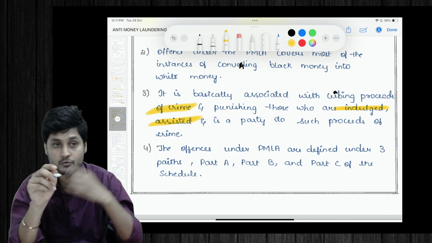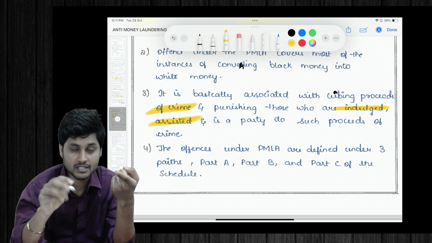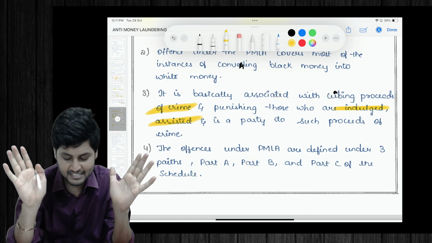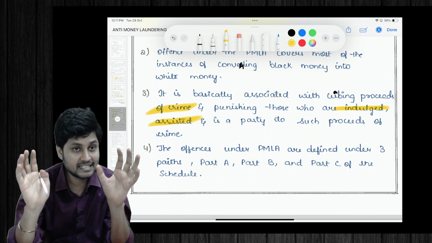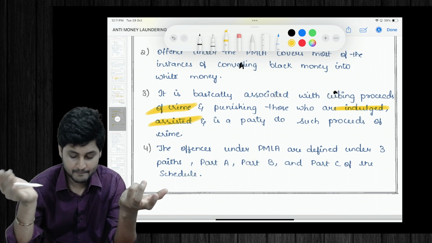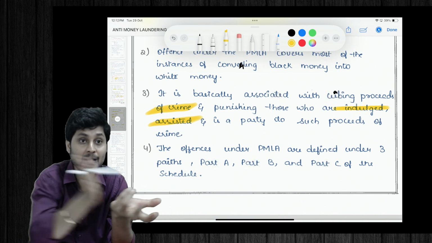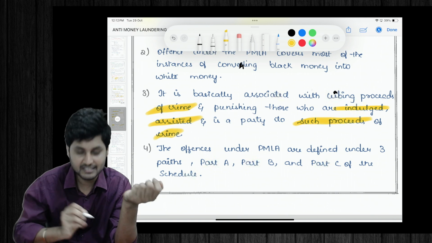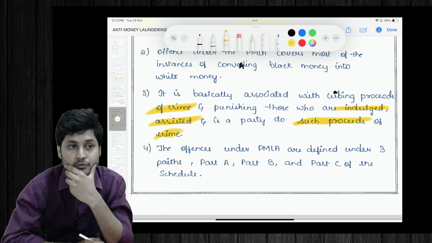So those persons who committed the crime or those who assisted the crime.